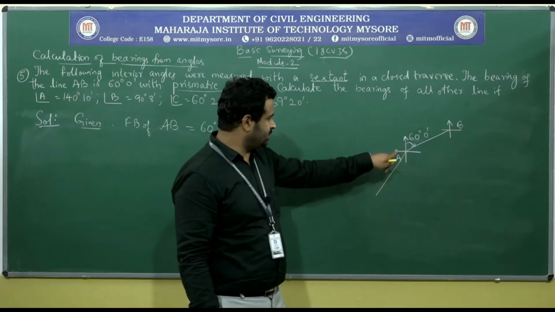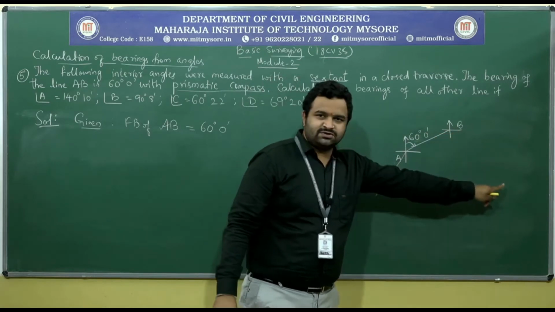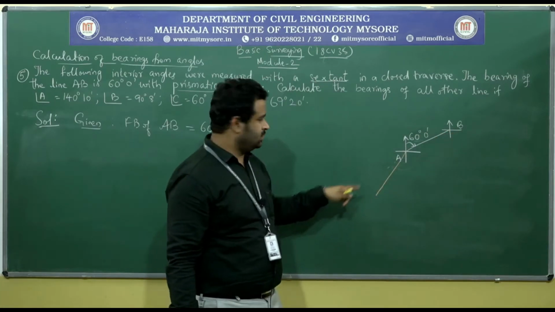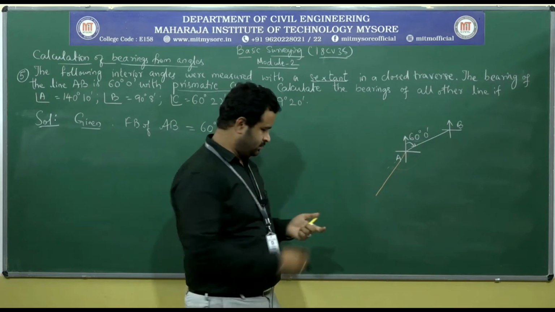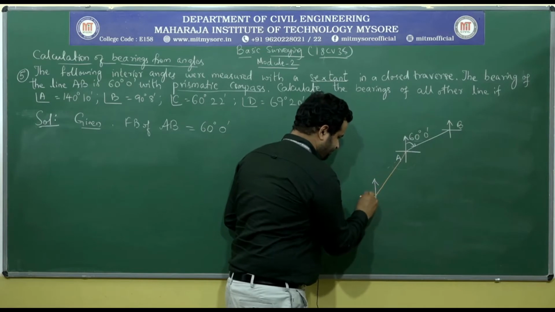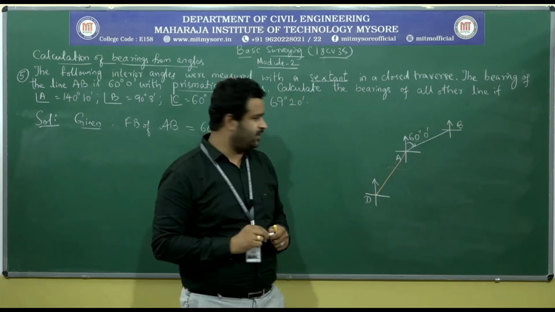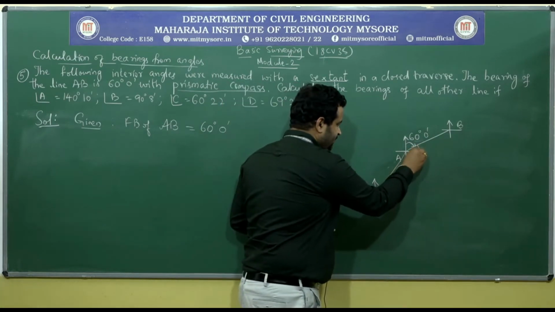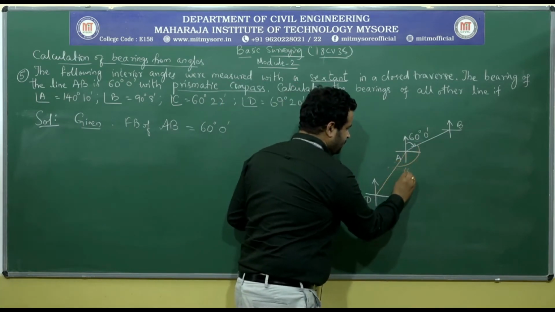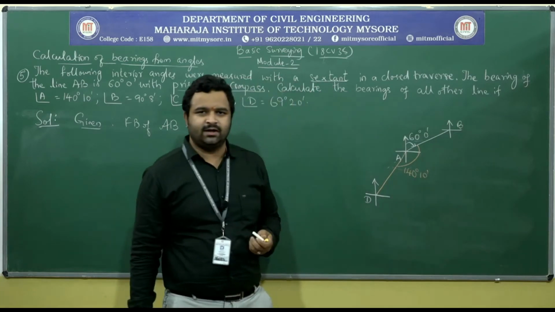So if we are given the bearing of AB, after B you will go to C, then you will come back to D, right? So this is nothing but the point D, or station D. Now this will be angle A, which is given as 140 degrees 10 minutes.